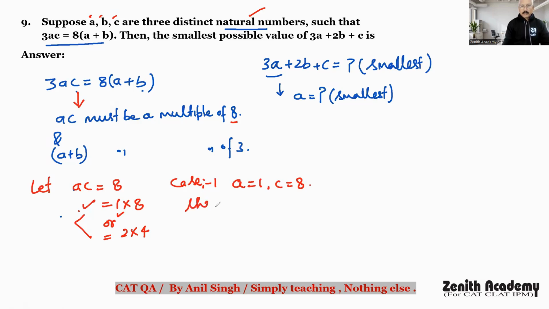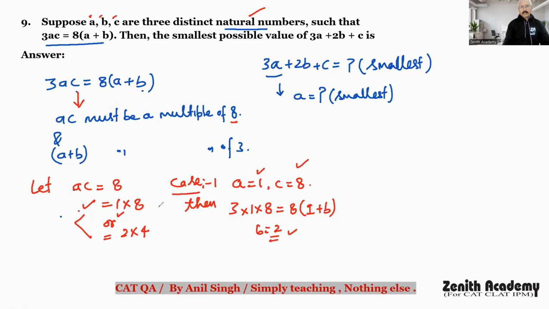Then from this relation, AC is 1 into 8, equal to 8. A is 1, then B will be 2. Okay, so A is 1, C is 8, B is 2 in case 1.